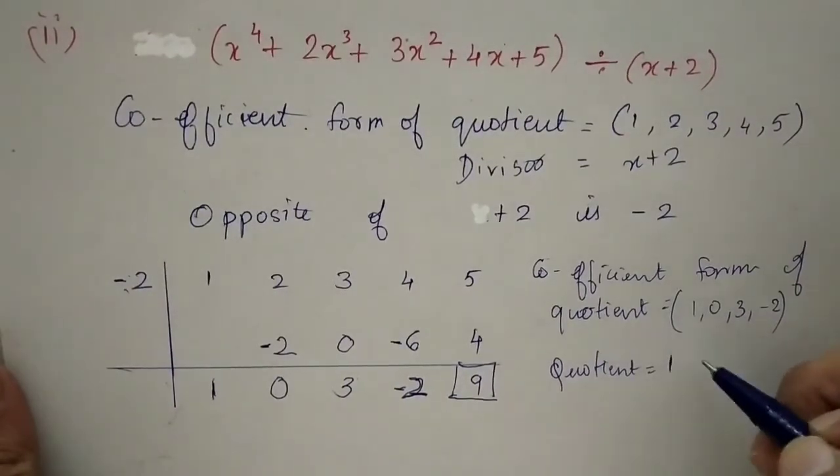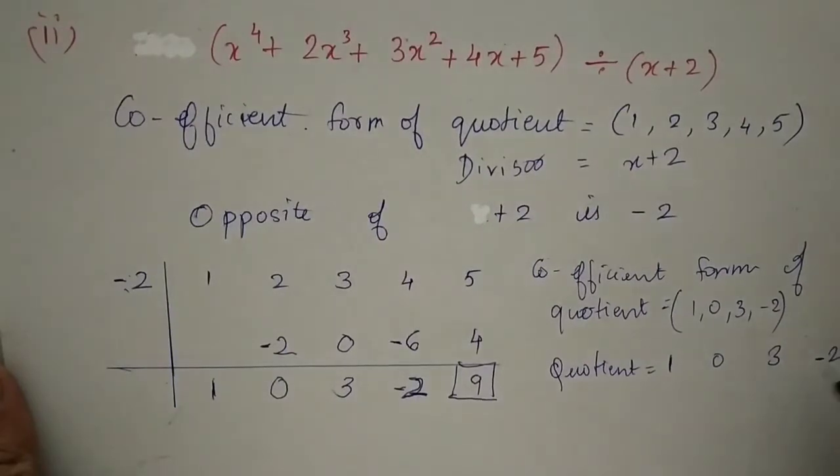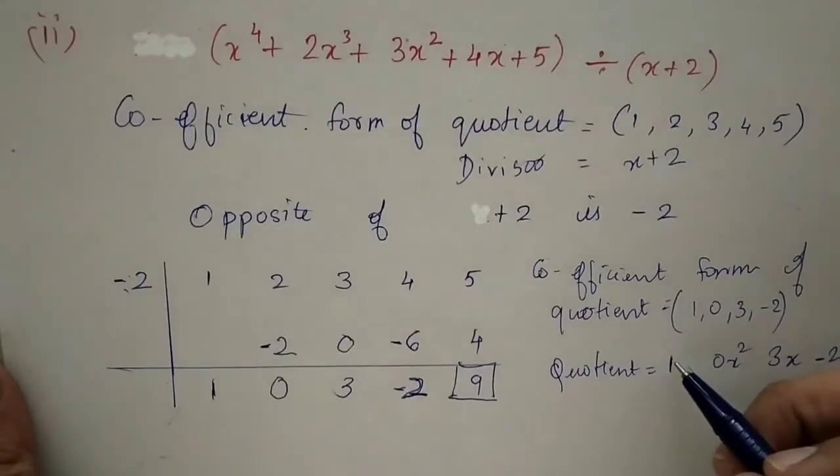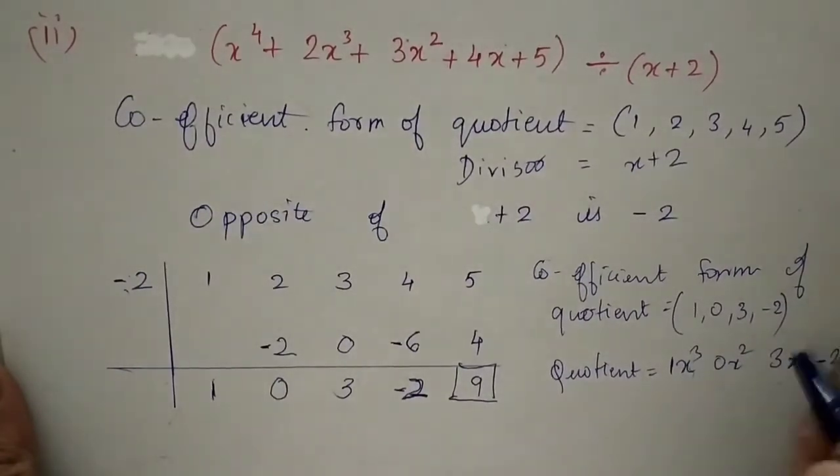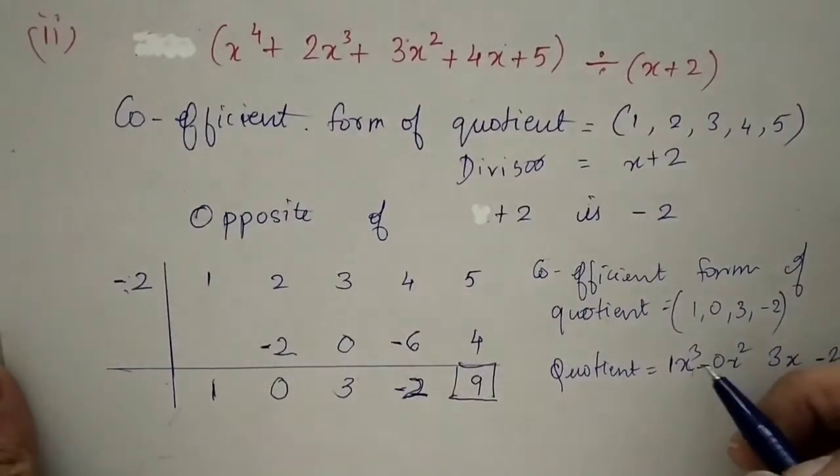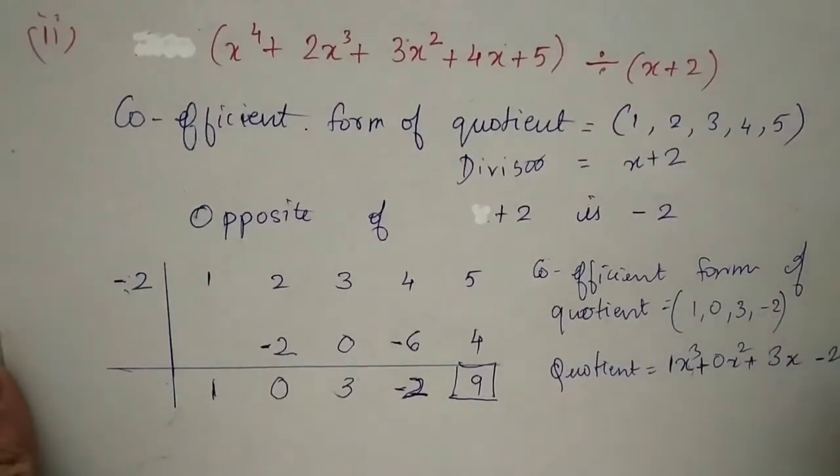First I'll write down all these numbers 1, 0, 3 and minus 2. And then we'll start like this. This is minus 2, and the power here will be x raised to 0. So here I'll have x raised to 1, here x raised to 2, and here x raised to 3. Okay, and I'll put the signs here, plus, and there is minus here.